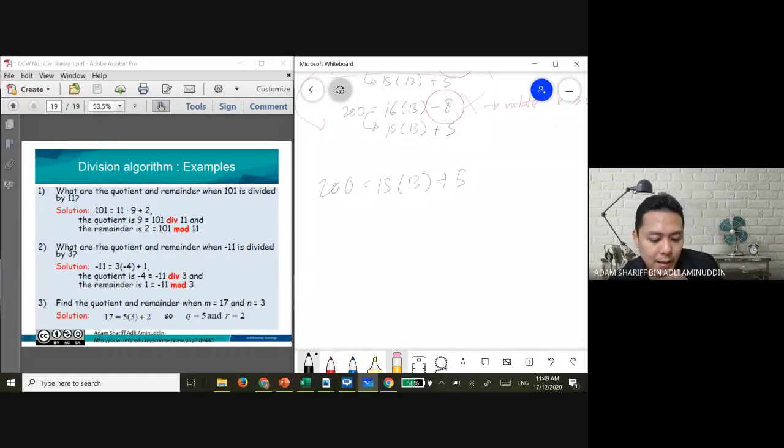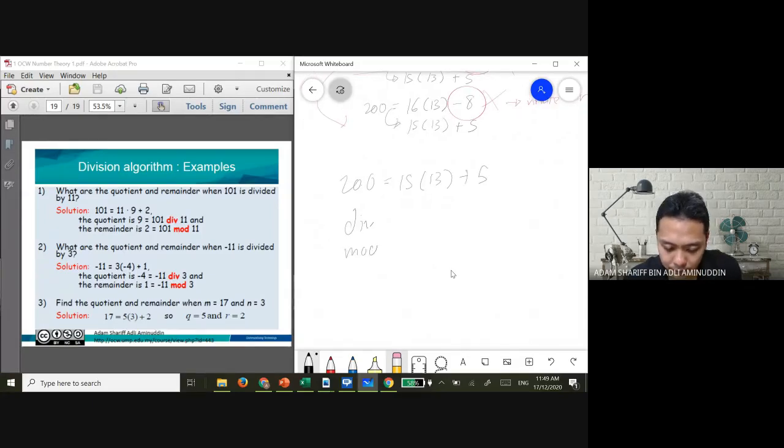Okey. Dua benda yang kena ingat ialah div dengan mod. Secara umum M ialah dividend, M div N kamu akan dapat quotient. Kalau M mod N kamu dapat remainder.